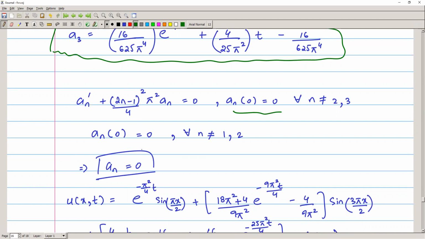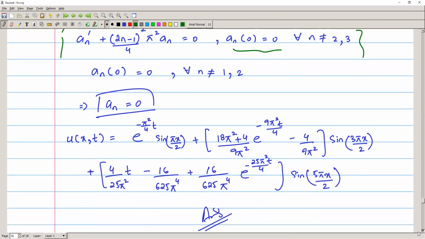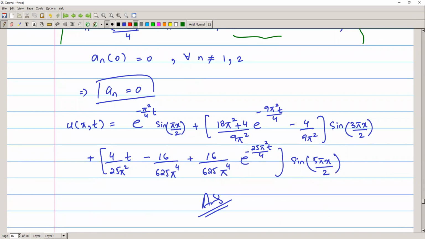Therefore, from this differential equation, we will get an equal to 0. So now the final solution is in terms of pi x over 2, 3 pi x over 2, and 5 pi x over 2, because we only use these functions and all other an's were 0, right?